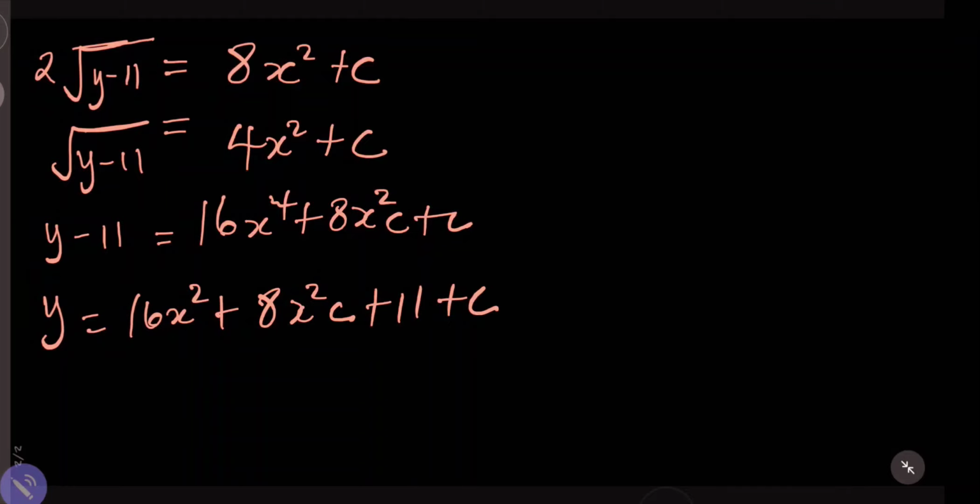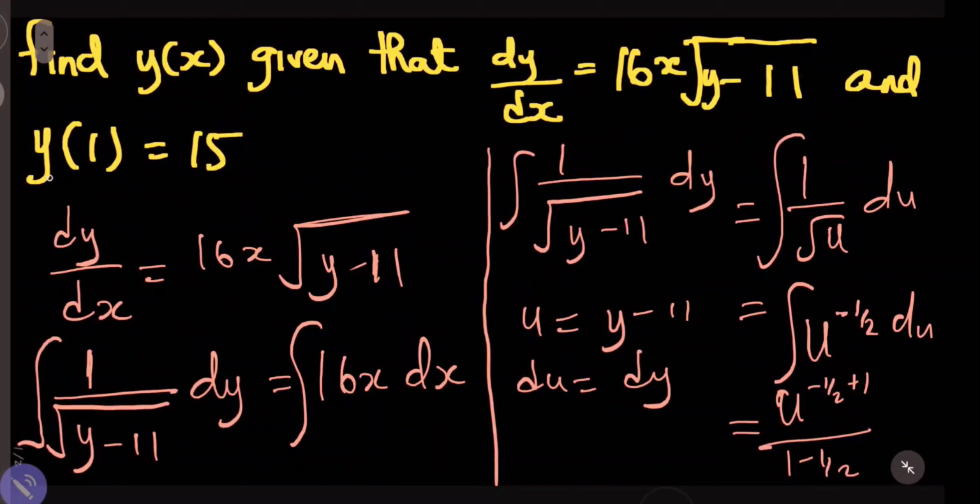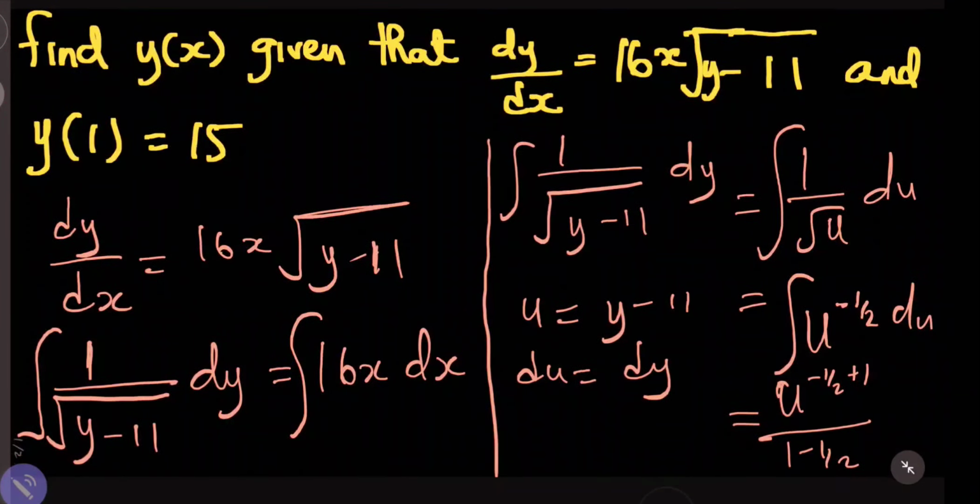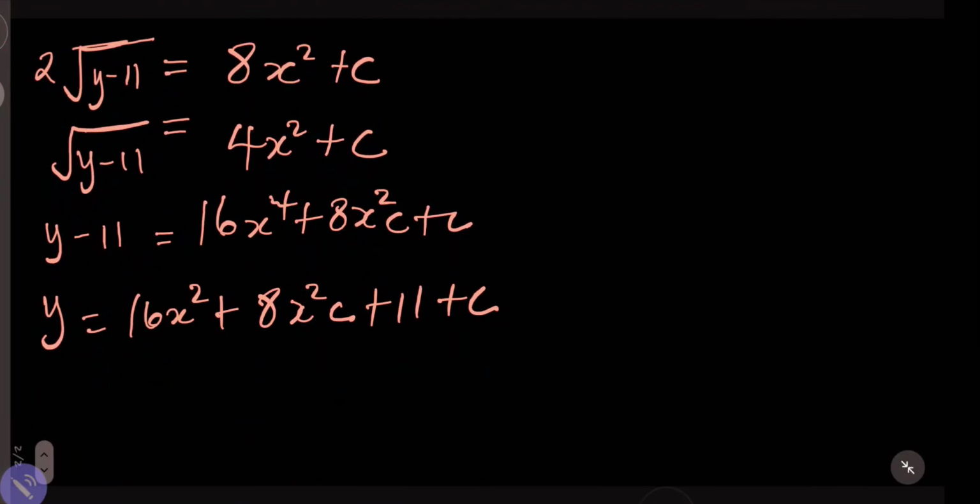And remember from our question, we were told that y of 1 is 15. That means when x is 1, y is 15. So we can simply replace every x here with 1 and equate it to 15. So it means 15 equals 16 times 1 raised to power 4, that's 16, plus 8c plus c squared plus 11.